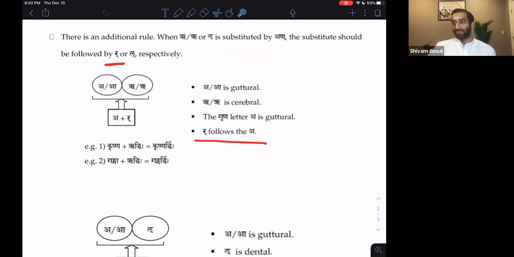The substitute should be followed by r or la. What this means is when I'm a preceding r, the guna letter is akara, but it needs to be followed by this repa. It's the ra, which is a consonant. So the vowel becomes a consonant, really is what happens.